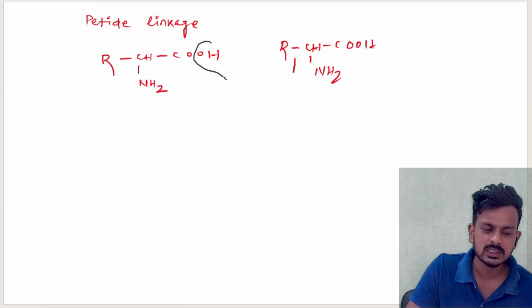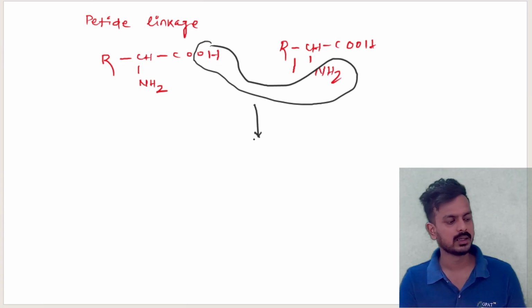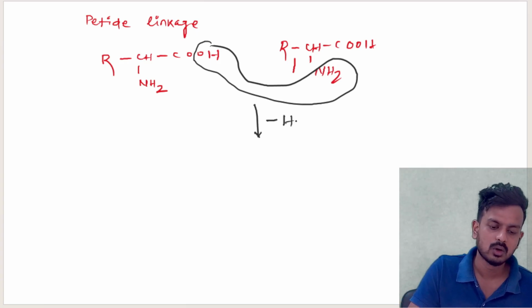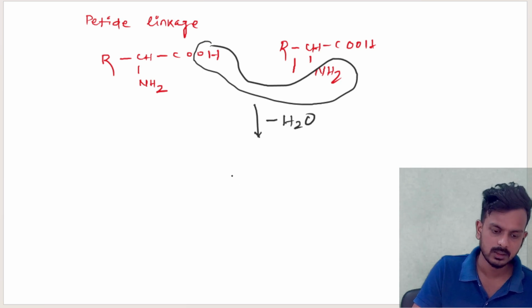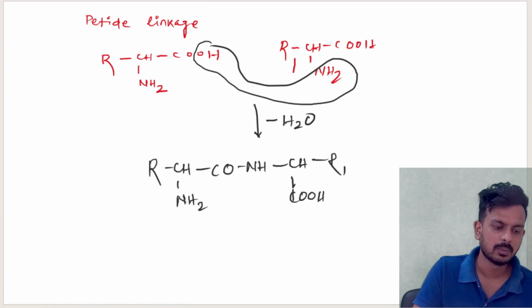This carboxylic group and this amino group interact with each other, and there will be elimination of a water molecule and formation of your peptide bond. So this is your peptide bond.